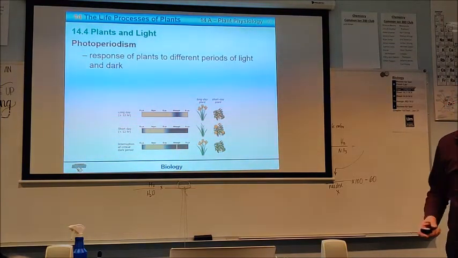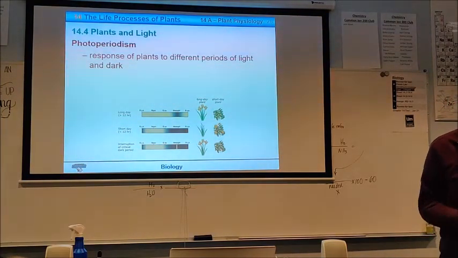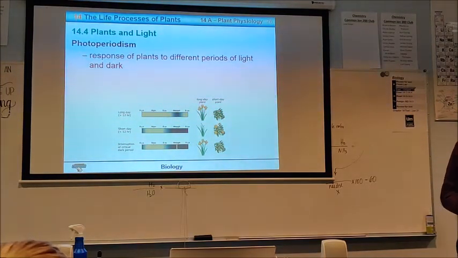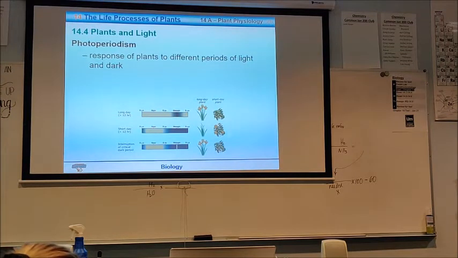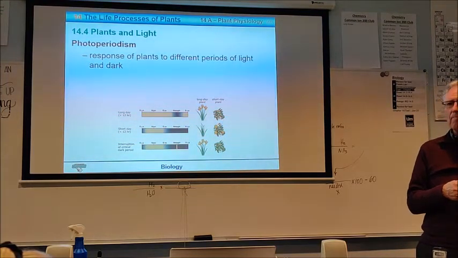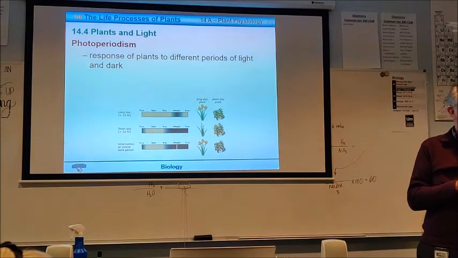Now, some of the plants respond to the amount of sunlight they have by whether or not they'll bloom. Have you noticed that some plants only bloom early in spring?